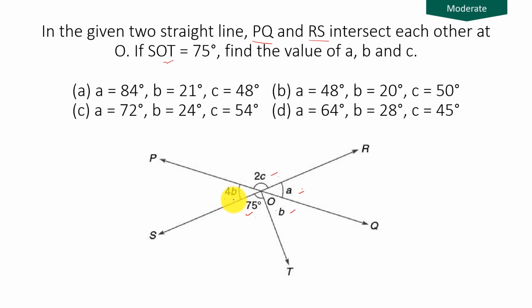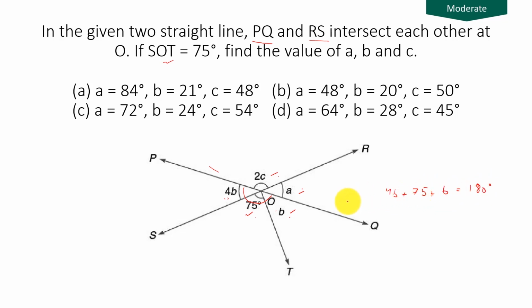Now if you look at line PQ, on the left of this line PQ there are three angles: 4B, 75 degrees and B. The sum of these three angles is going to be 180 degrees. So the first equation we can write as 4B plus 75 plus B is equal to 180 degrees.